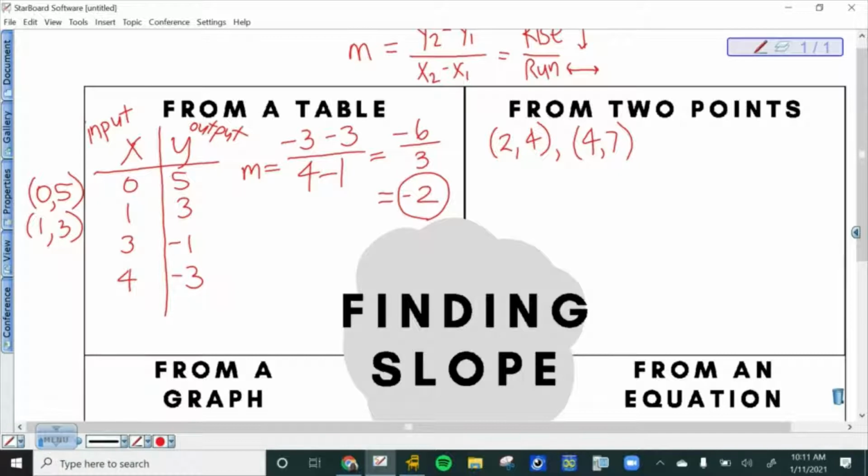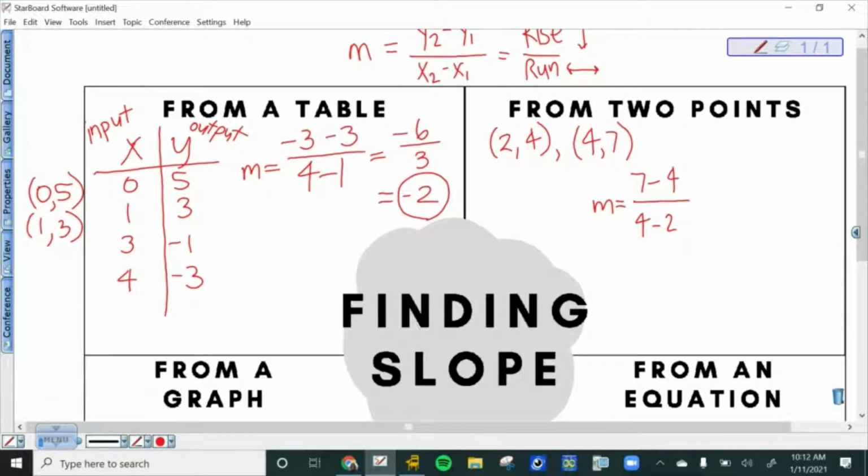Again, my slope is equal to the difference between my y values. So someone tell me what that would look like. 7 minus 4 over the difference between my x values. So what do I put in the bottom? Heather? Yeah, 4 minus 2.